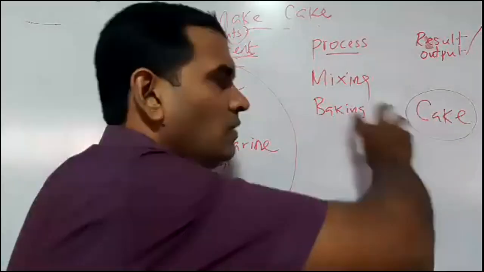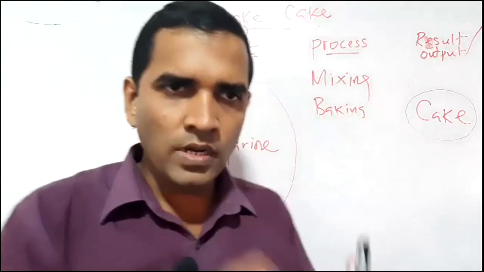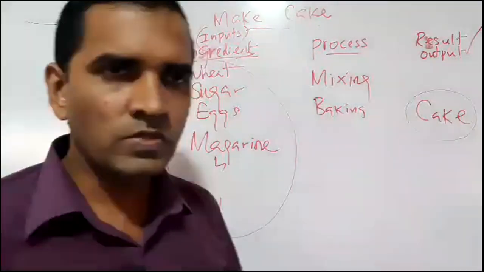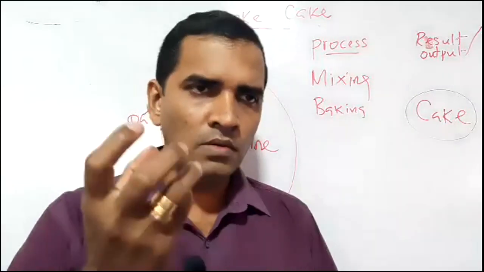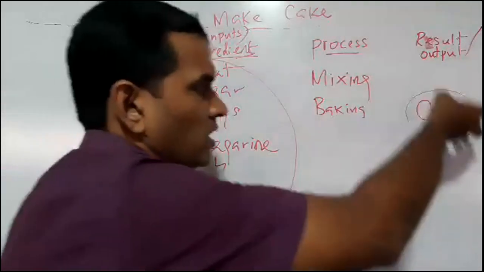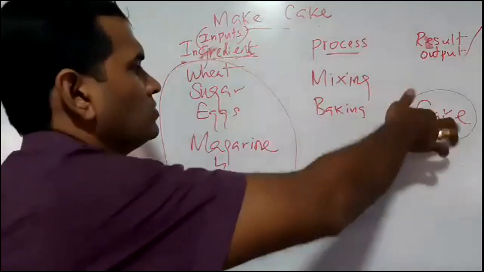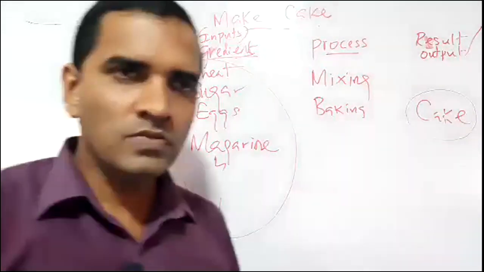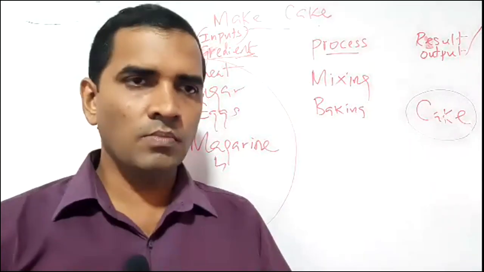But here everything is processed, so when things are processed, it becomes small. So it is also the same. So what is it? It is called information. Here these things are processed and become the cake. Wheat flour is also there, sugar also there, eggs. So it is very simple. Cake is information in this example.